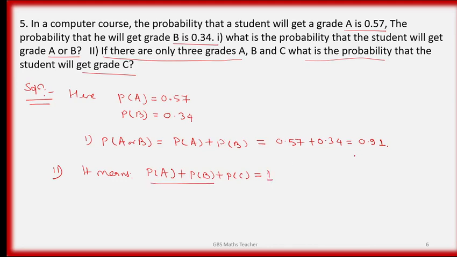The sum of A and B from the first case is 0.91, plus probability of obtaining C grade equals 1. Therefore probability of getting C grade is 1 minus 0.91, which is 0.09, the required answer.